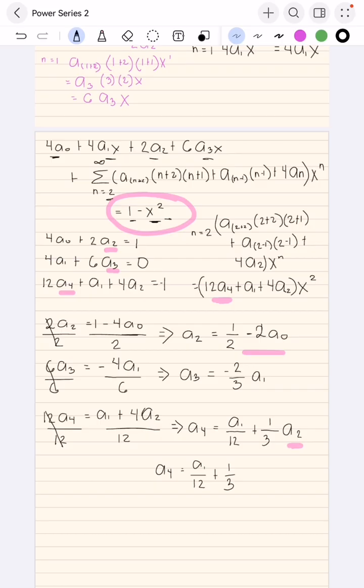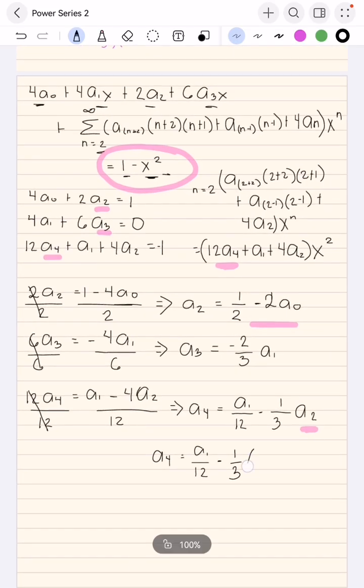Wait, this would be negative. I just realized that it should be negative, and therefore this also be negative, wait.